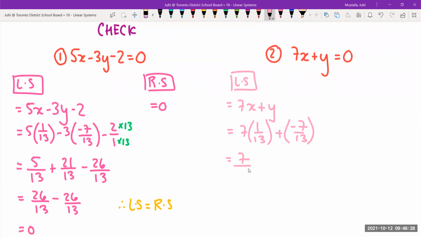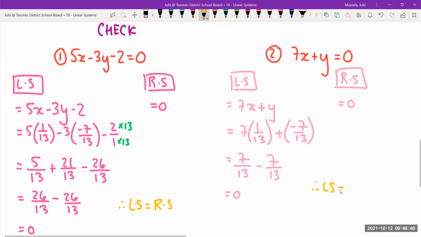And this ends up being 7 over 13 minus 7 over 13. And this is a 0. And luckily, the right side of our equation is also a 0. So we're going to say, therefore, left side equals right side. That's the end of that. Matisha, you had a question?